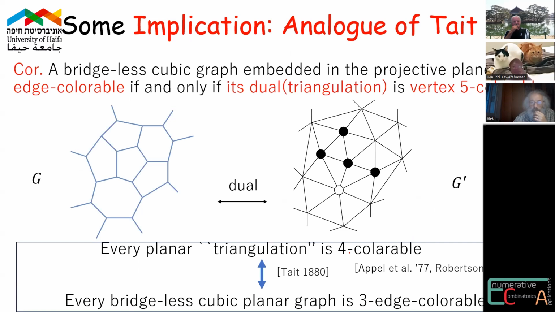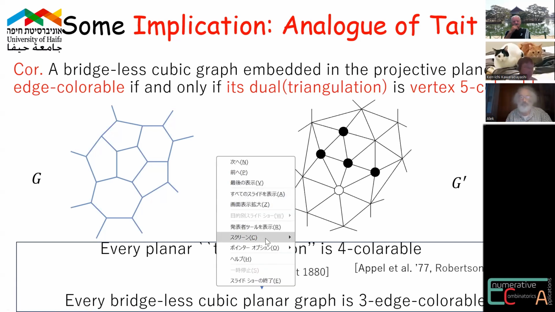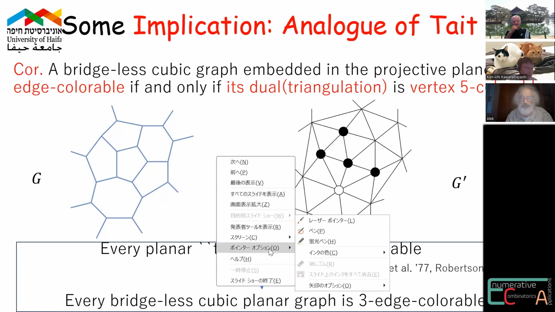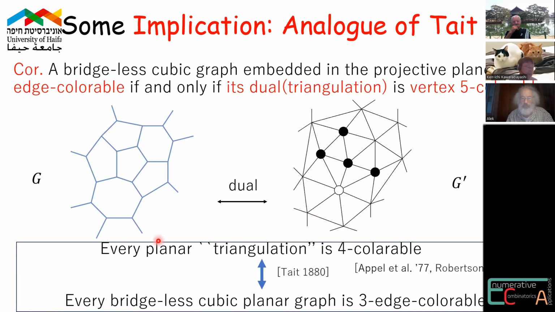And there are some interesting implications, which are kind of analogs of Tait's theorem. Just to remind you, let me use the laser pointer. Tait's theorem says that a planar graph is 4-colorable if and only if the bridgeless cubic planar graph is 3-edge colorable. We have a similar theorem in the projective plane.